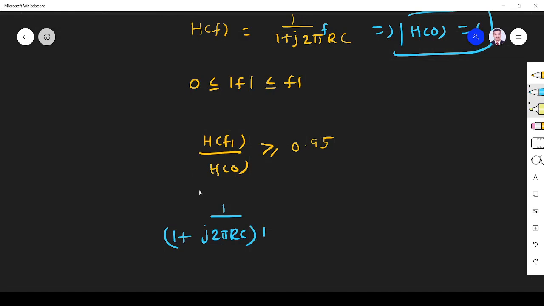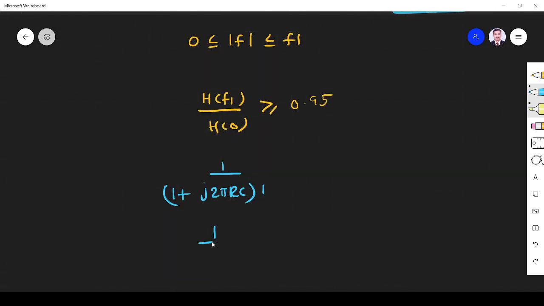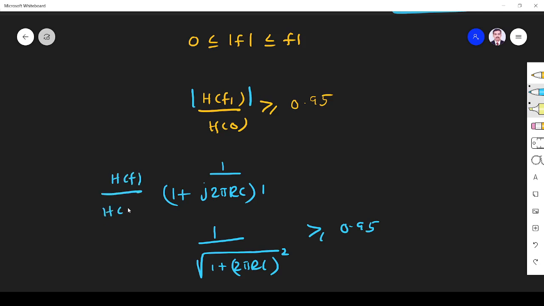If you take the magnitude of H of f1, it is 1 by the root of 1 + (2 pi f1 RC) squared, greater than or equal to 0.95, because it is mod H of f divided by H of 0.